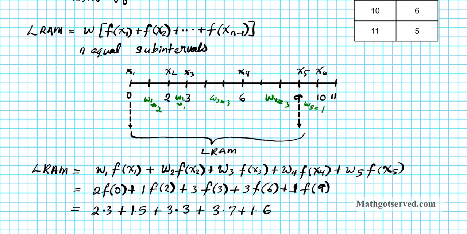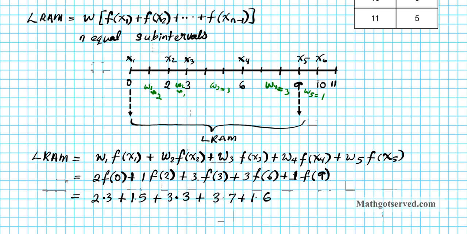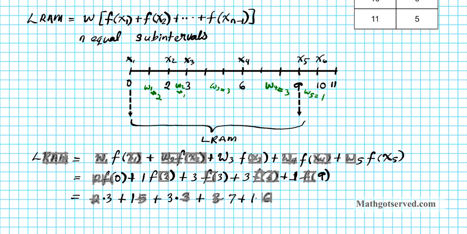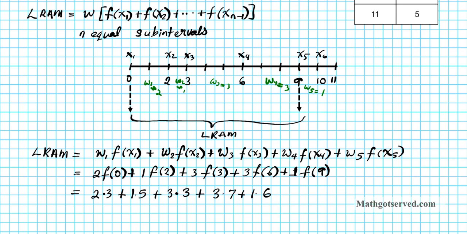Okay, so I got all these outputs using the chart that we have right here. All right, so what we have to do now is just arithmetic, right? Just multiply it out. So 2 times 3 is 6, plus 5, plus 3 times 3 is 9, plus 3 times 7 is 21, 6 times 1 is 6. You add this all together, you get 47 meters.